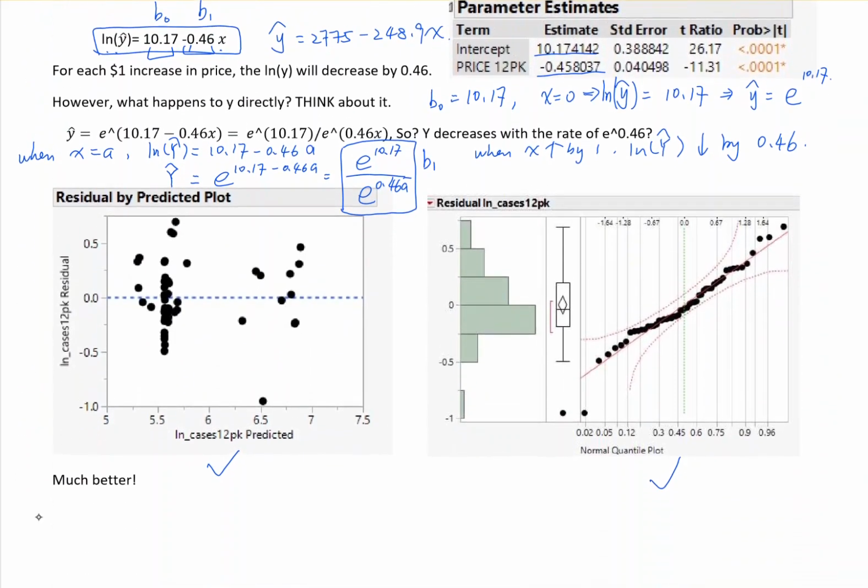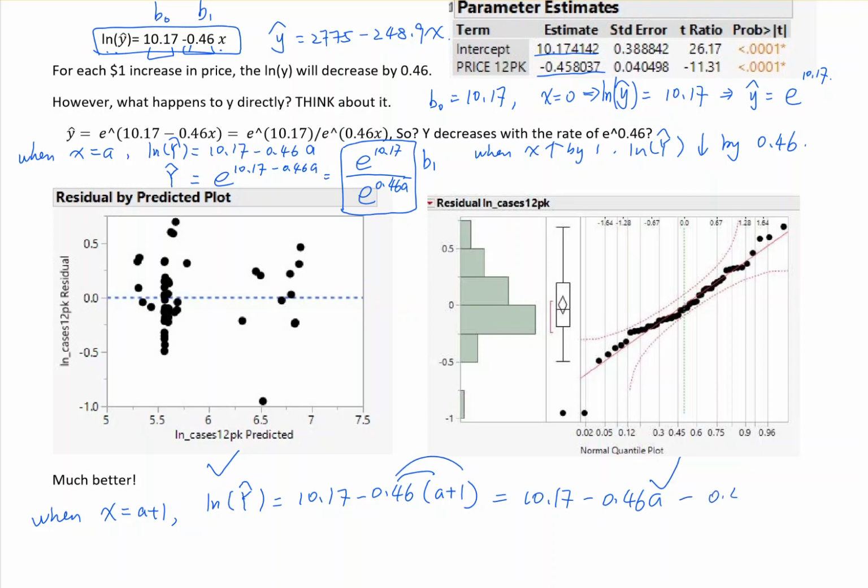Alright, then let's say when x equals a plus 1, increases by 1 unit, then we have the natural log of y hat equals 10.17 minus 0.46 times (a plus 1), which is 10.17 minus 0.46a, and then minus 0.46, right?